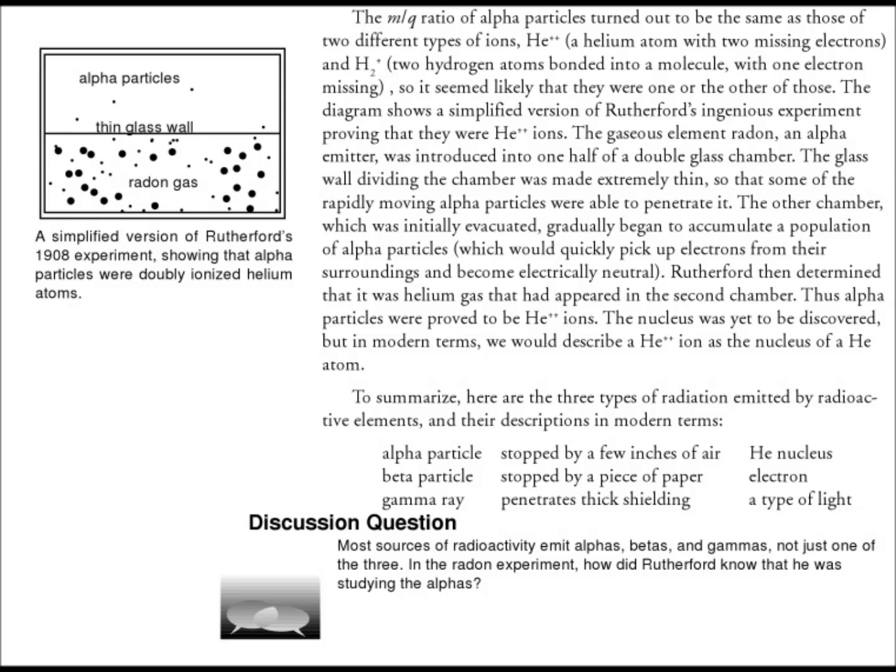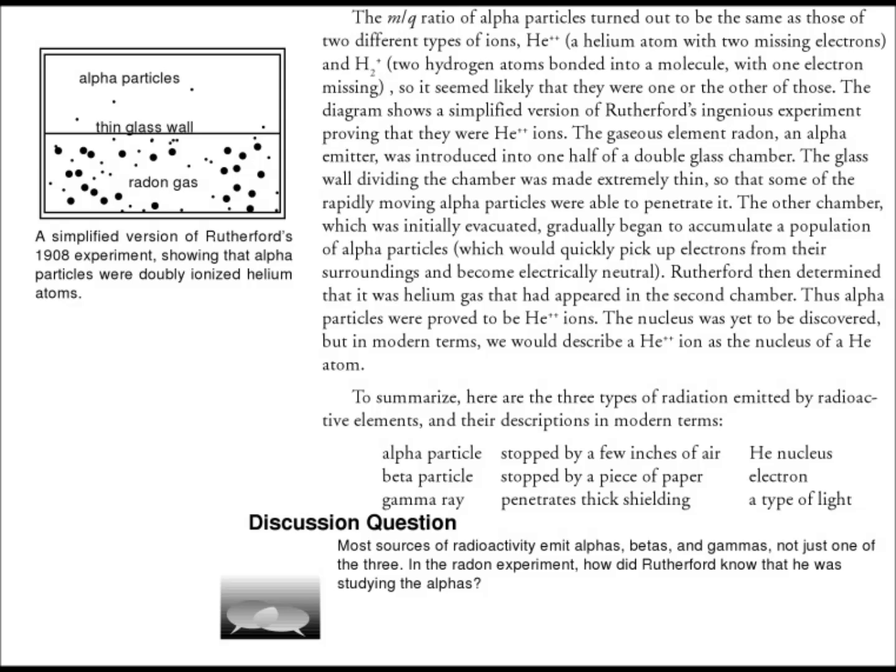The other chamber, which was initially evacuated, gradually began to accumulate a population of alpha particles, which would quickly pick up electrons from their surroundings and become electrically neutral. Rutherford then determined that it was helium gas that had appeared in the second chamber.